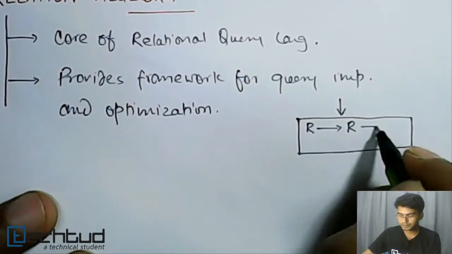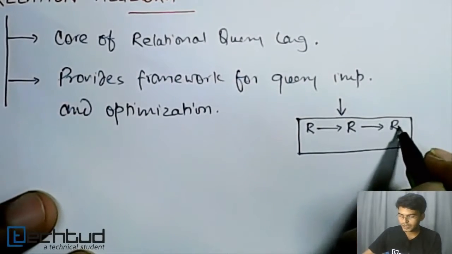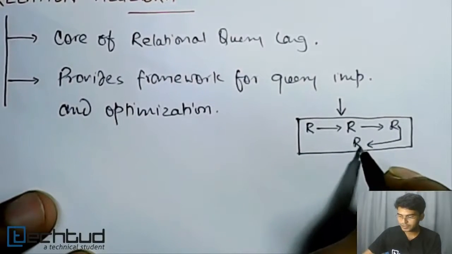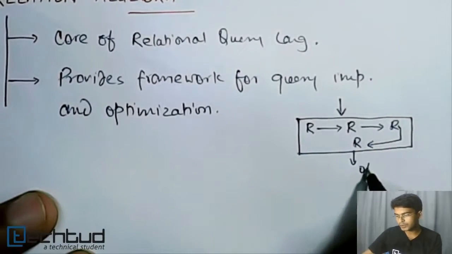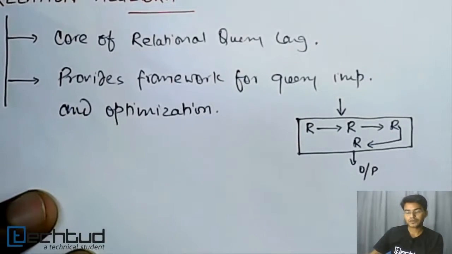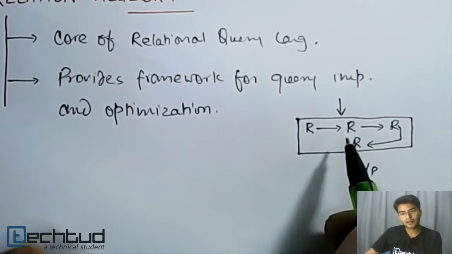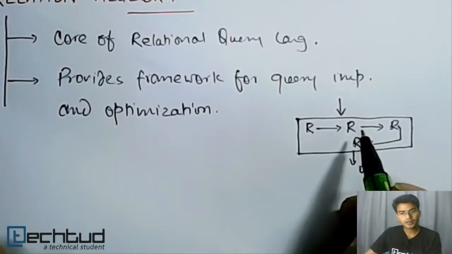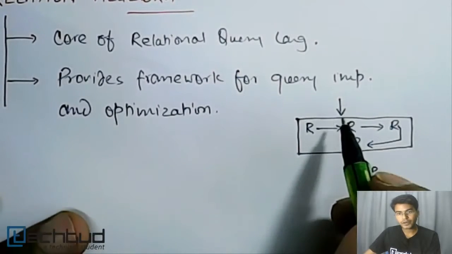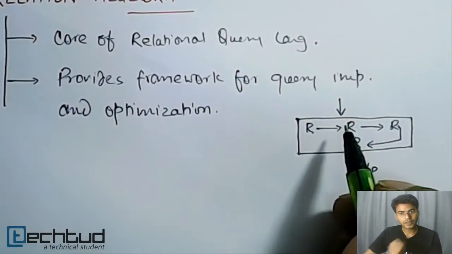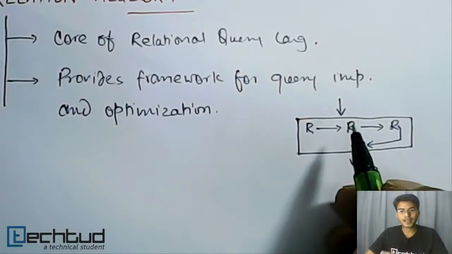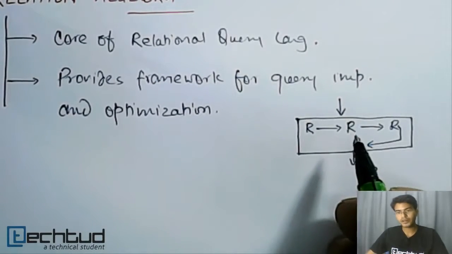The intermediate forms will also be relations, and finally from the last relation it gives you the output. So it is a framework where internally the relational algebra is supporting this SQL query. When you make a query, you can think that internally this relational algebra is being executed over a relation.